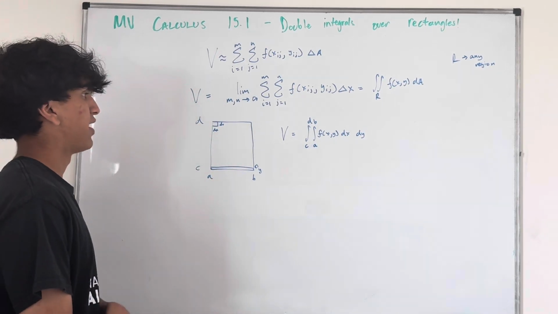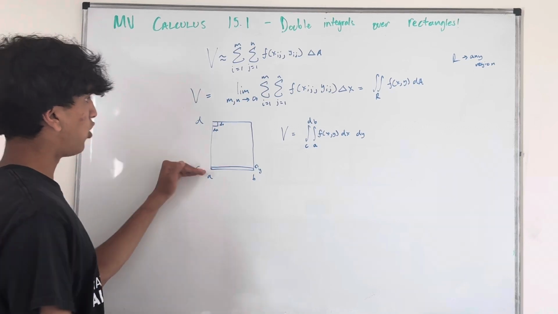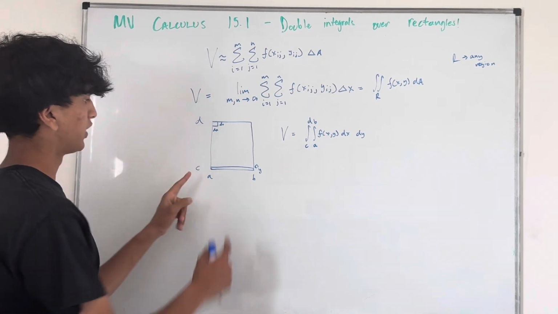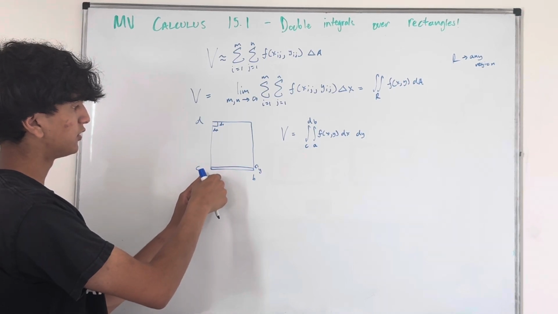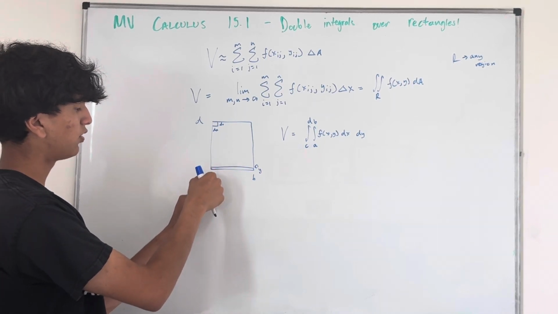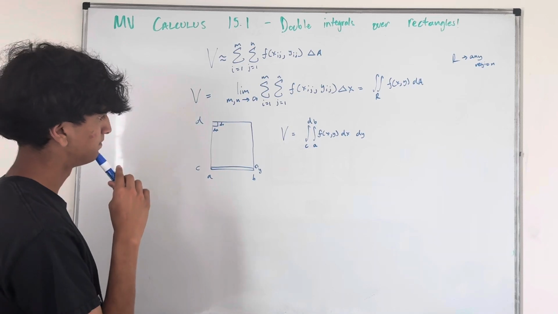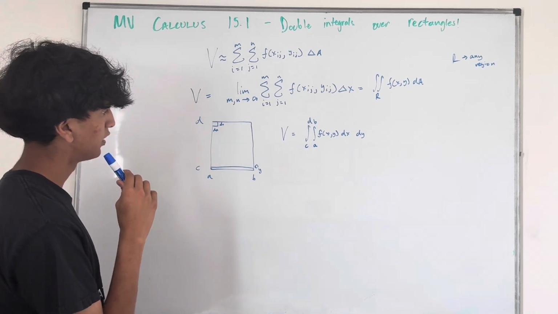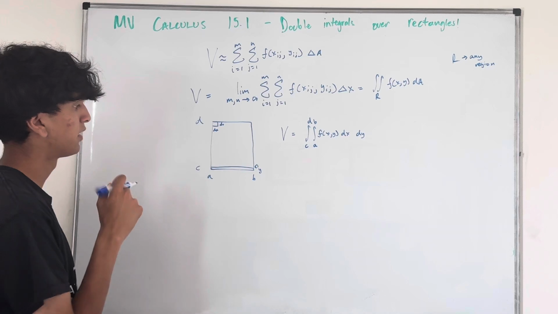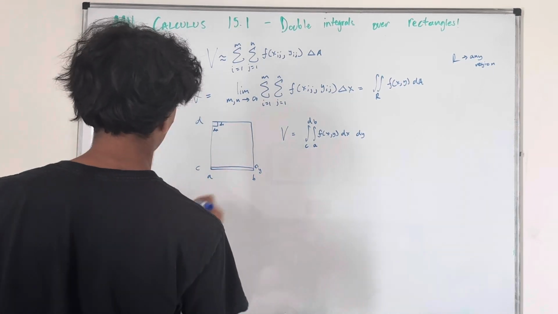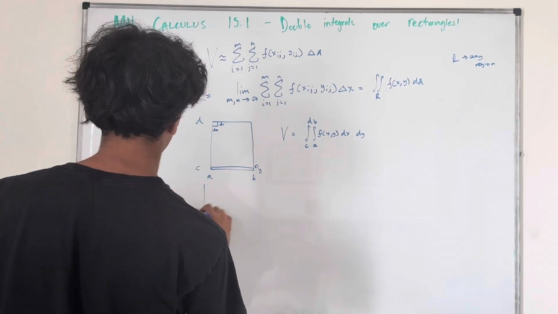So the way I think about it is, for all y values, what you're doing is you're taking all the z values, right? Let's draw this in 3D.